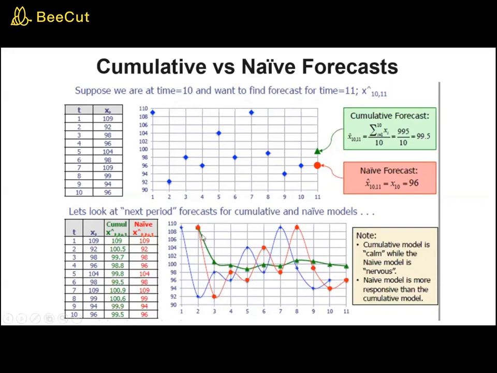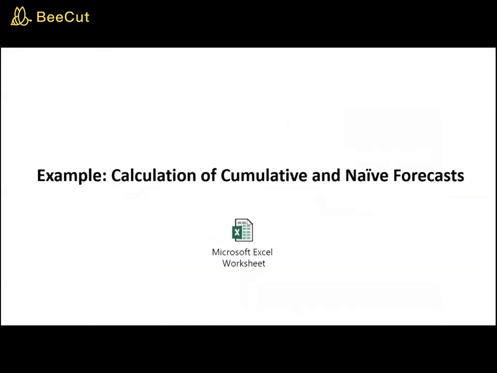The naive forecast, you would say, is nervous, going up and down, up and down. And the green, on the other hand, is a little bit more relaxed. So I wanted to show you what these look like graphically. And now I also want to talk to you a little bit more about what naive forecasting and cumulative forecasting are, using an example.